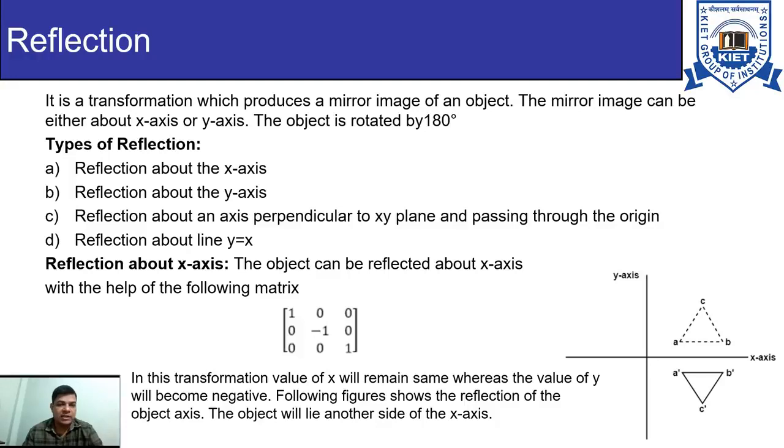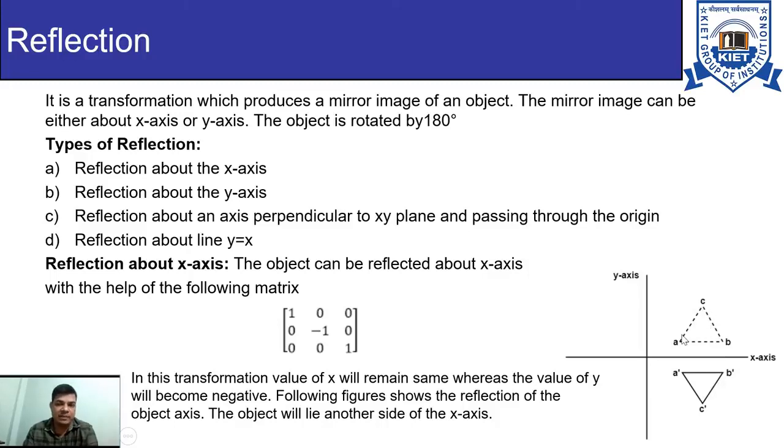In this transformation the value of x will remain the same, whereas the value of y will become negative. So whenever you perform reflection about the x-axis, it flips the value of y.